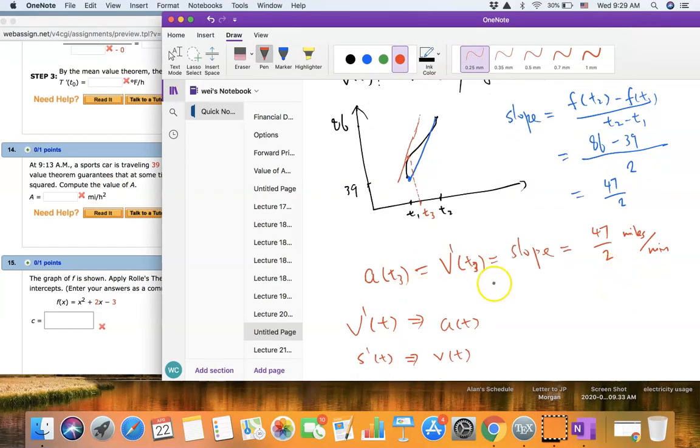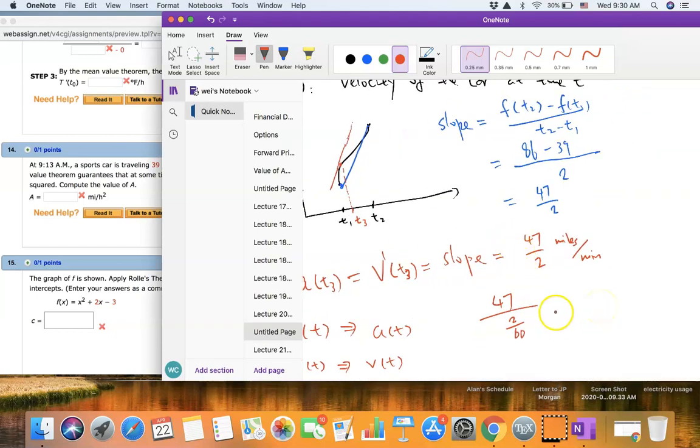We have 47 over 2 minutes. We turn it into hours, it's going to be 2 over 60 hours.